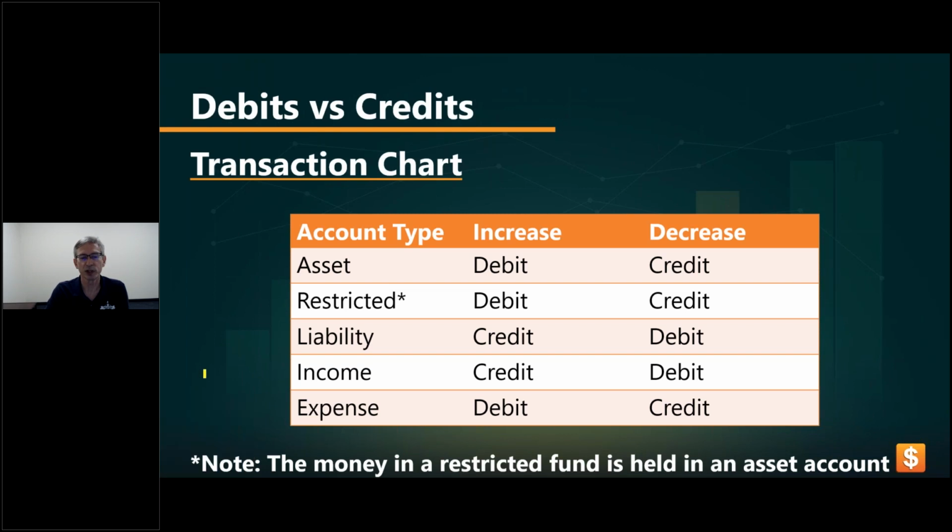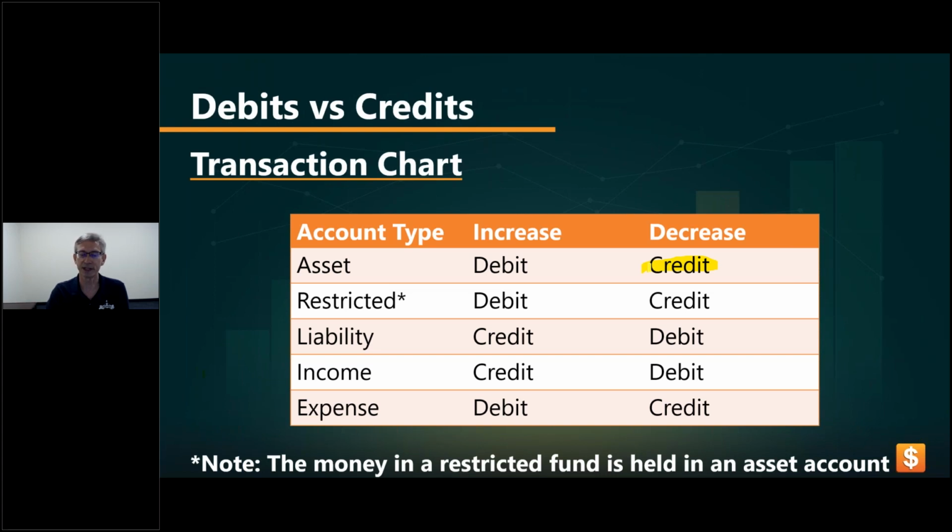So if we were to create a transaction using this chart, that would be, let's say, a check. If we were writing a check, that's going to decrease our asset account, our bank account. So that would be the credit side of the transaction.